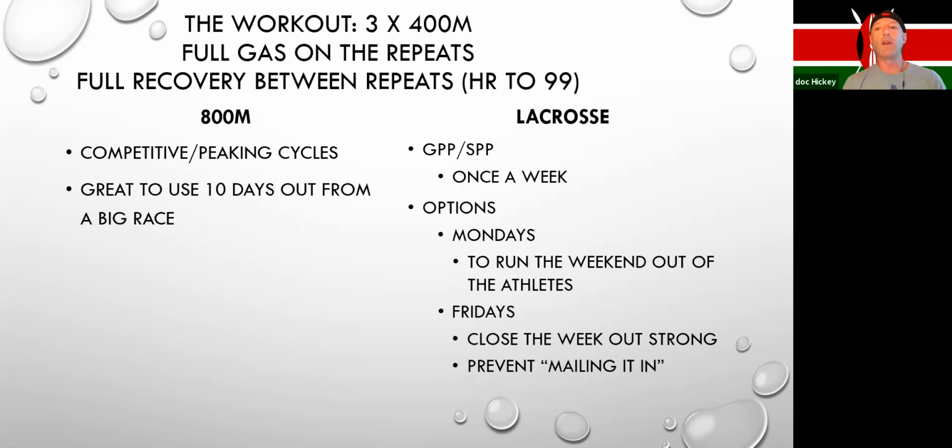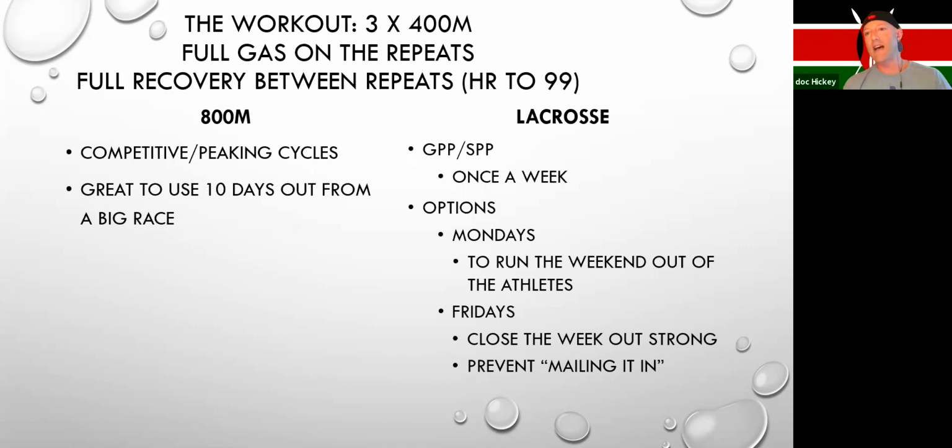So our workout is 3 by 400. How are we going to do it? Well, for an 800 meter runner, I'm using this in my competitive, peaking cycles. About 10 days out from a big race, say a big Masters 800 meter race where I'm going for a championship or going for a time, I'm going to do this workout the Tuesday before.